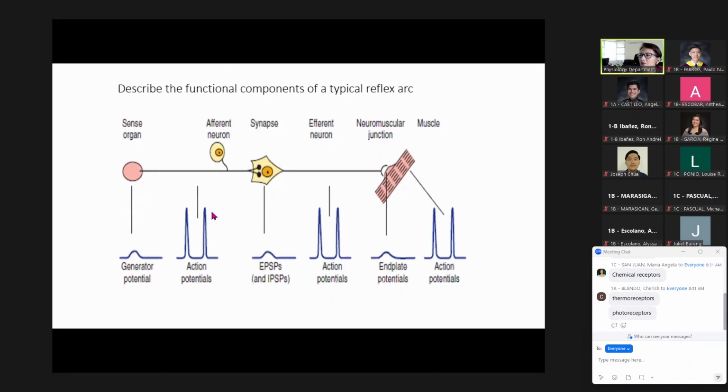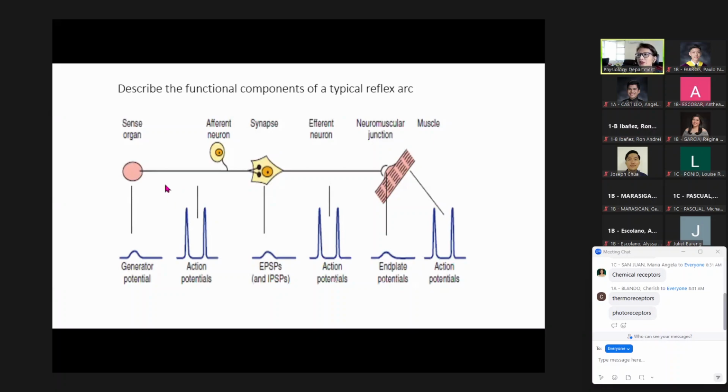Okay, now the second component, of course, is your afferent neuron. So in your receptor cells, we generate the generator potential. Also known as your receptor potential. Now, receptor potentials or generator potentials are local potentials. Okay. Pero ang alam na alam niyo yung action potential.